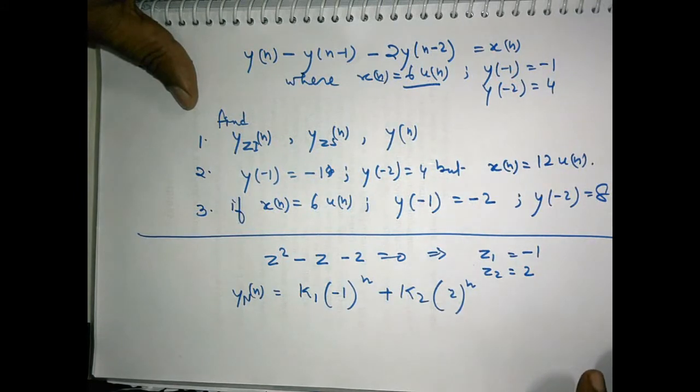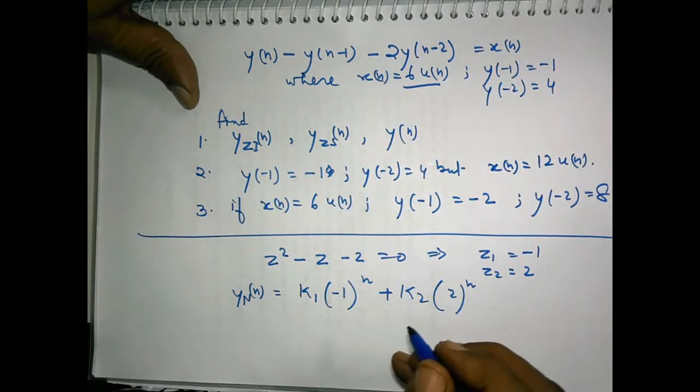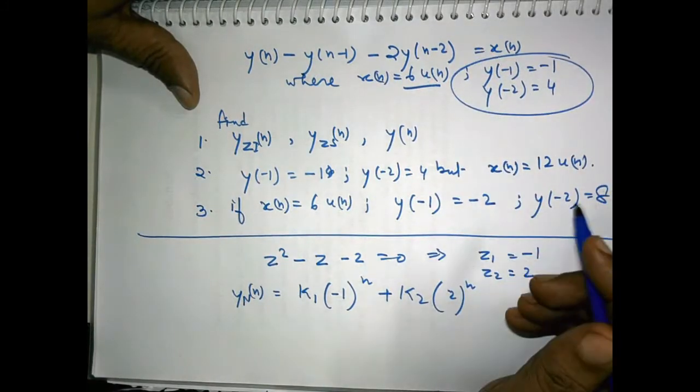So we have to evaluate now 2 constants, k1 and k2. Can you evaluate the value of these 2 constants? This will be the form of the zero-input response y_zin. While evaluating y_zin, we will take the help of the given initial conditions.